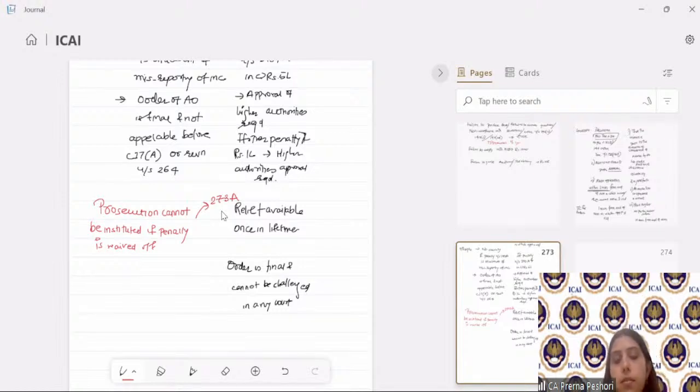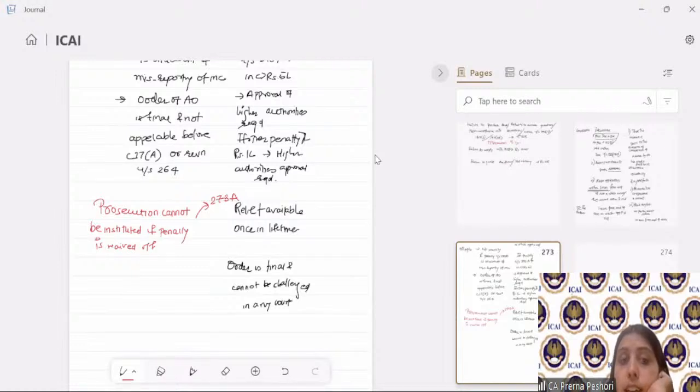Also understand one thing. There are certain offences which are called non-cognizable offences. Now, what is a non-cognizable offence? A non-cognizable offence is an offence where the police officer has no authority to arrest without a warrant. Which are the prosecution cases in which the police cannot arrest without a warrant?